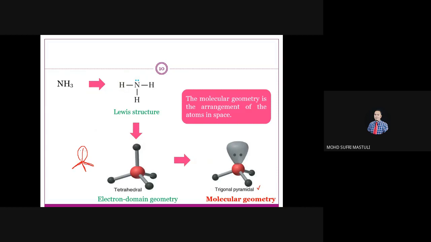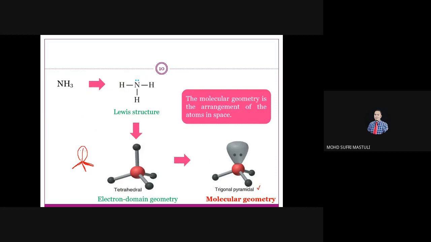Due to the one lone pair, the presence of a lone pair in any molecule will change the geometry. In this case, the tetrahedral becomes trigonal pyramidal.